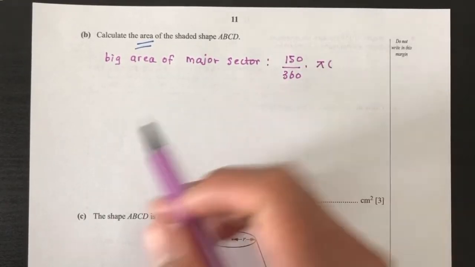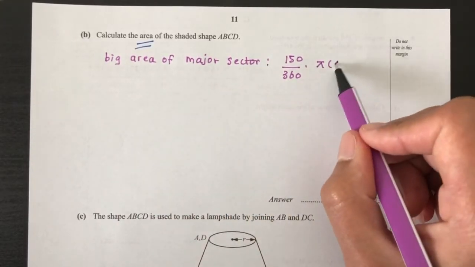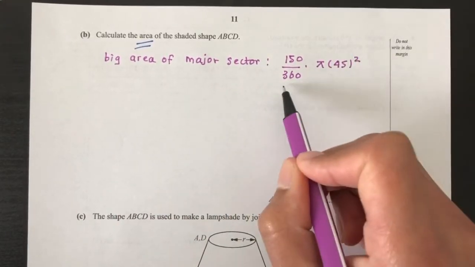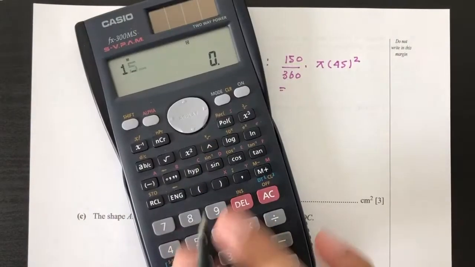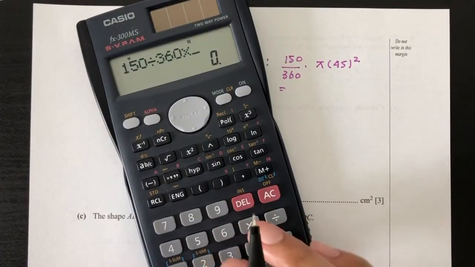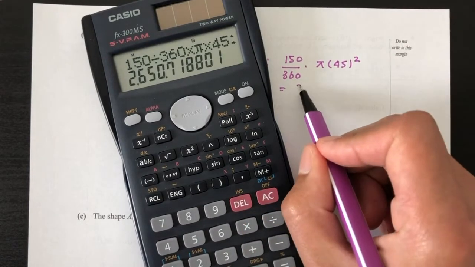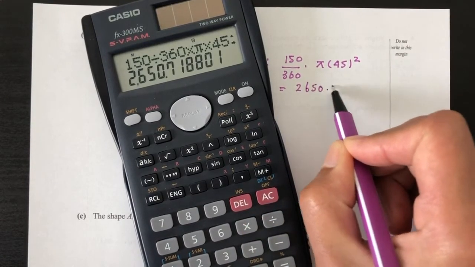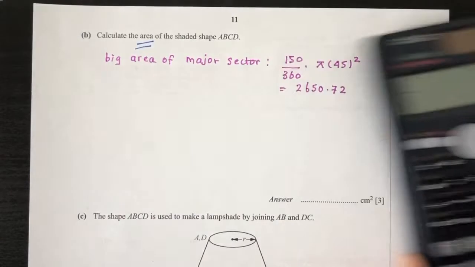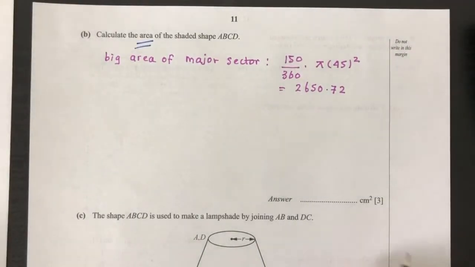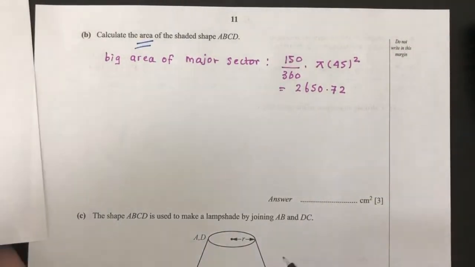Now for the big circle sector, the radius is 45 squared. So 150 divided by 360 times pi times 45 squared. That will be 2650.72. Now what is the area of the small sector? So let's write down.